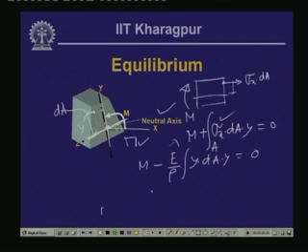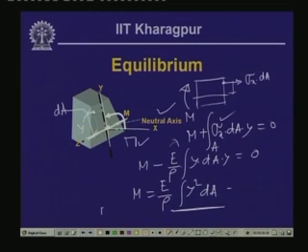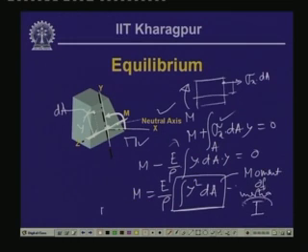Now, this is nothing but m equals E by rho times the integral of y square dA. As you know, this integral of y square dA is the second moment of this segmental area with reference to the neutral axis, and this we designate as the moment of inertia, and we call this I. So, from this relationship we get m equals E I over rho.